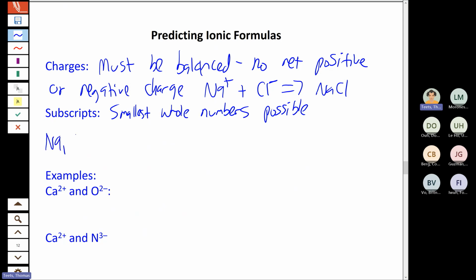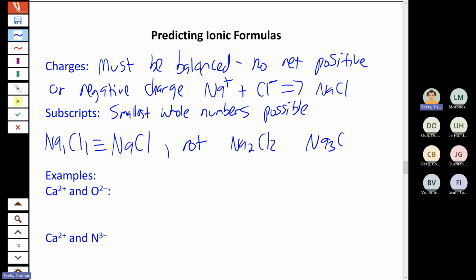So it wouldn't be written as Na1Cl1. It would just be written as NaCl, as we said. But it would be incorrect to write it as Na2Cl2 or Na3Cl3, for example. Those still balance the charges correctly. You have the same number of positive and negative charges, but they're not the smallest ratio. You want to reduce that down all the way to 1-to-1 in this case. So you want to write them as the smallest ratio.